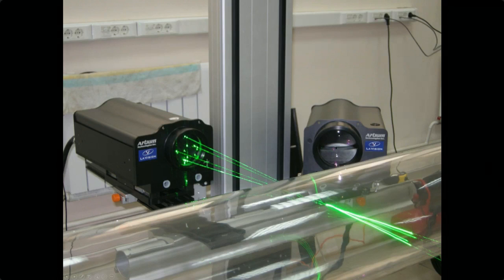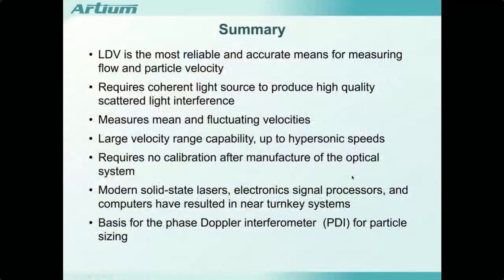And similarly, the received light going through this optical surface is going to degrade the image of the sample volume. But nonetheless, we were able to make reasonable measurements within this facility.